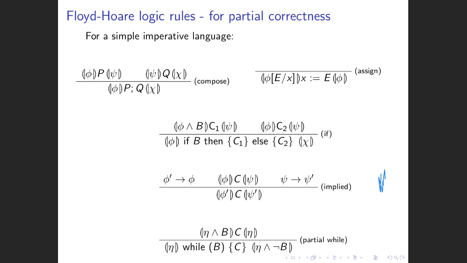The rules given here are only for what we've called partial correctness. You remember, we're also going to have total correctness, which is harder. Partial correctness means if the program halts, then you get your postcondition from the precondition. But it might not halt.